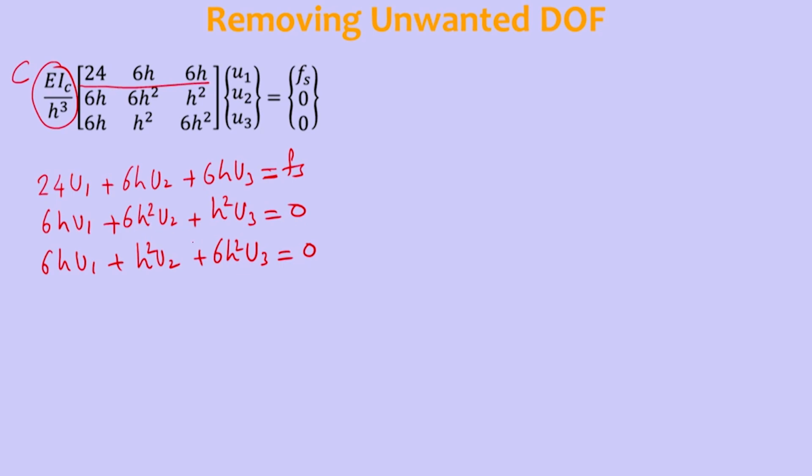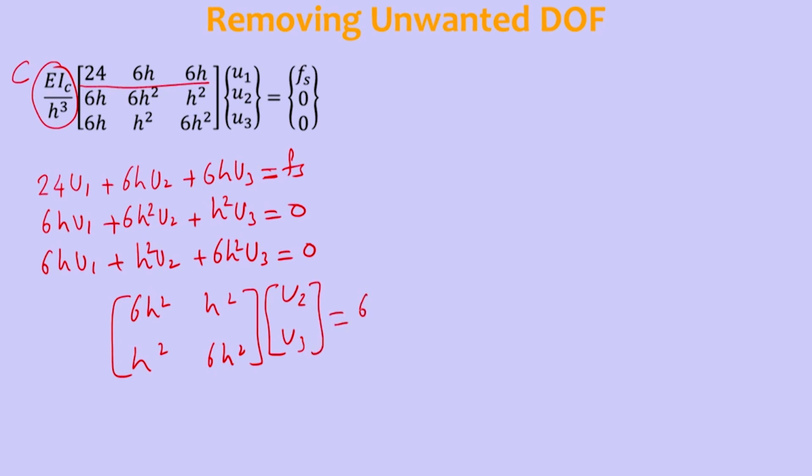So what we can do is we can formulate a matrix like this, say 6H square, H square and H square, 6H square multiplied by U2 and U3 is equal to 6H U1.